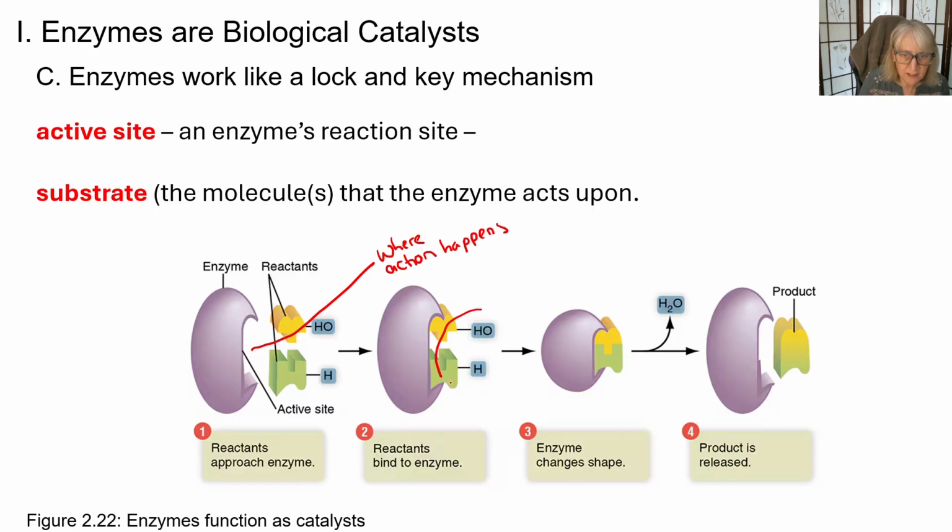And the stuff that goes into it, the reactants, are called the substrate. I did not name these. I would not have named them like this. I think it's a little confusing, but I'll talk about active sites and substrates because that's how the vocabulary works.